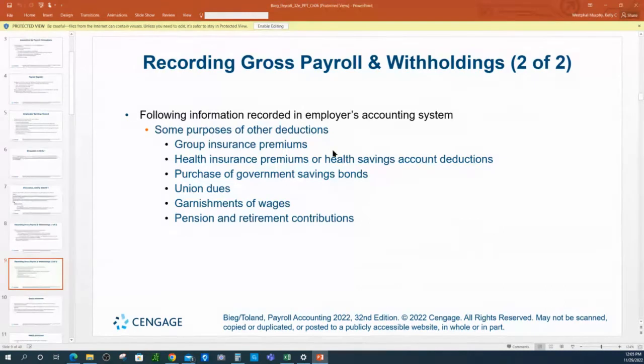All of these amounts here, if they are withheld from employee paychecks, are going to be credits. So health insurance, life insurance, purchase of government savings bonds, union dues, any garnishments of wages. These are amounts that are required to be withheld, pension and retirement contributions that are made by the employee.